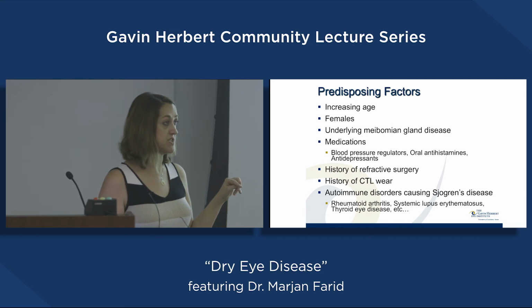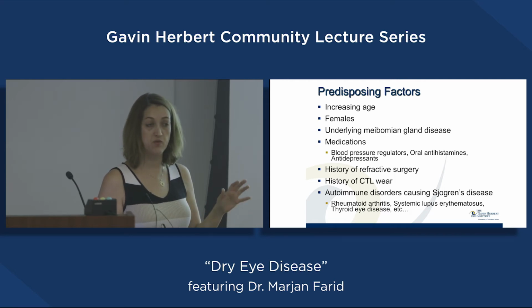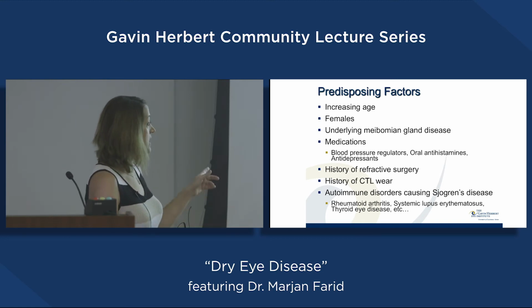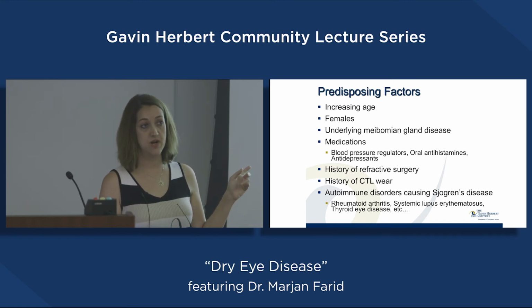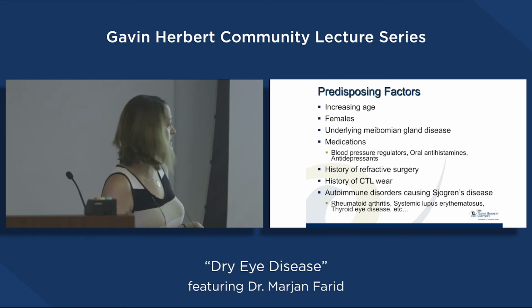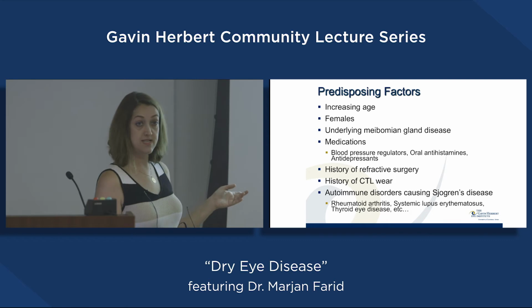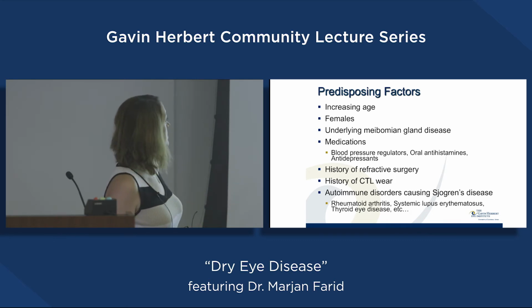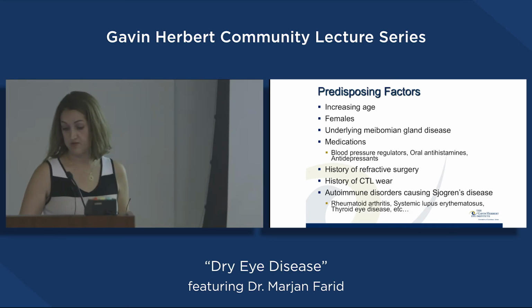Sometimes if your physician knows about that and can start treating the dry eye disease even before the surgery, then we can optimize how patients do after surgery as well. Lots of autoimmune diseases worsen dry eye disease: rheumatoid arthritis, Sjogren's disease, lupus. Thyroid disease makes dry eye disease worse too. And we talked about some of those.